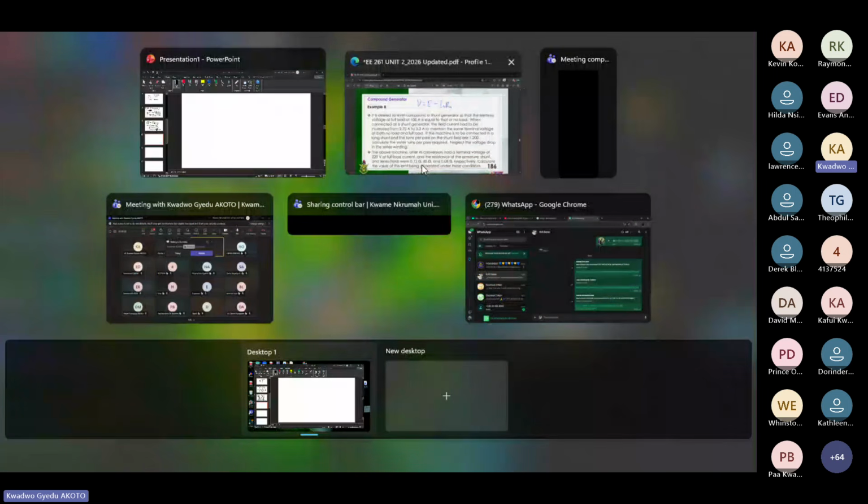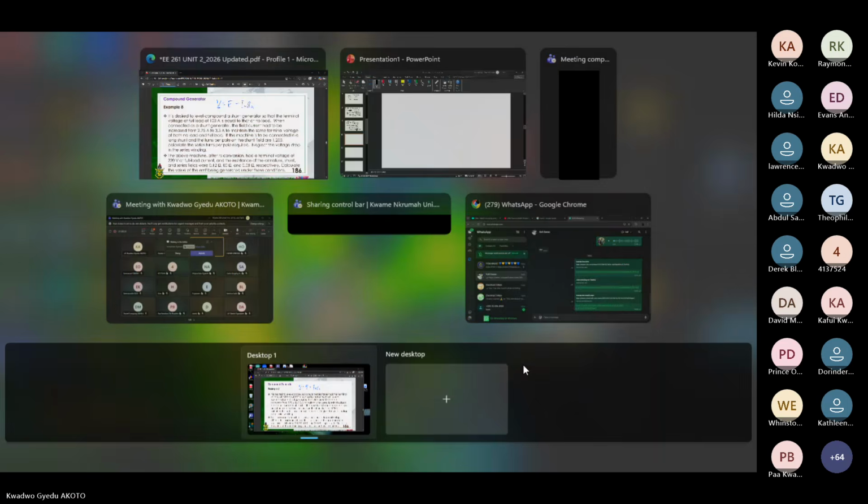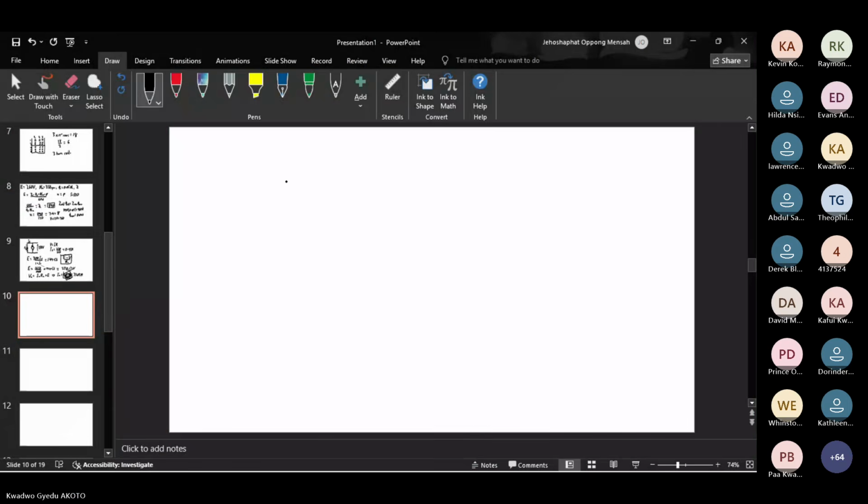So for compound compensation, we know that we have E minus IA RA giving us our terminal voltage, right? But for a shunt connection, we are going to have the resistance of our field.